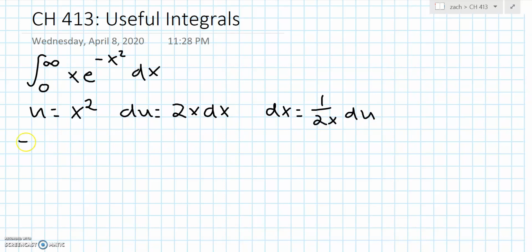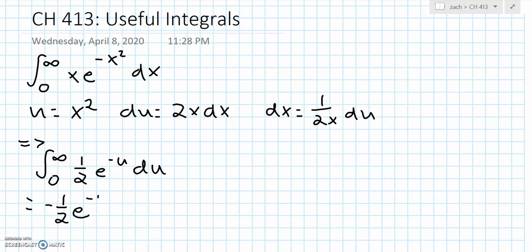So now if we make this substitution, we get the integral from 0 to infinity of 1/2 e to the minus u du. So this is equal to minus 1/2 e to the minus u evaluated from 0 to infinity.